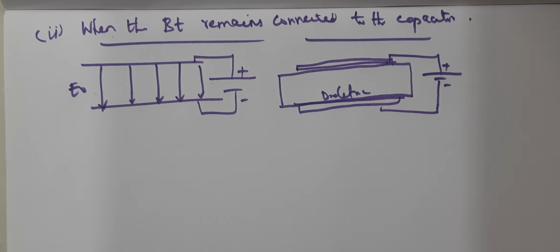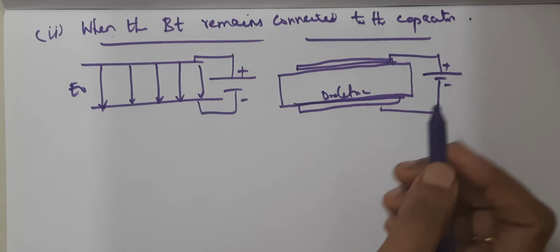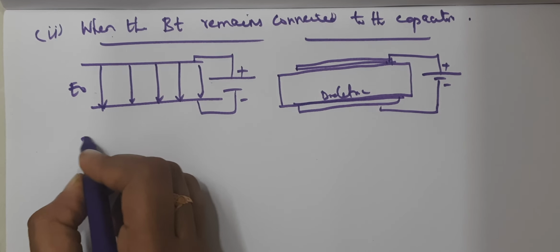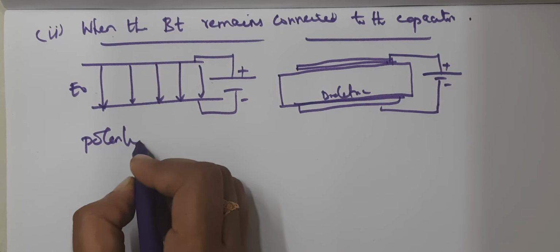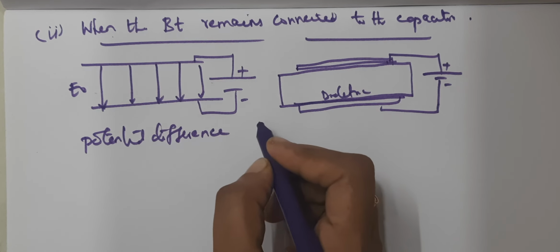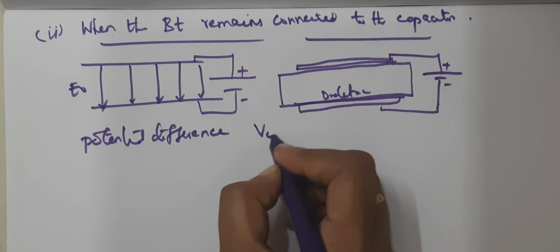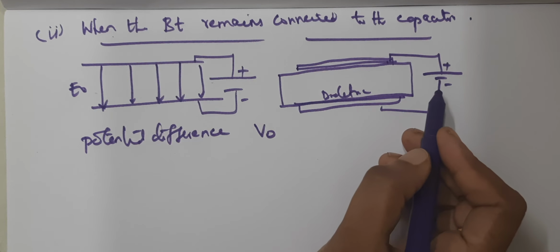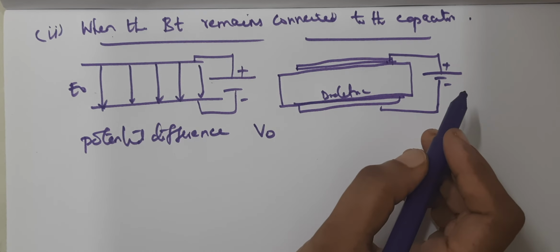What will happen? When the battery remains connected, the potential difference remains the same, isn't it? The potential difference is V0, kept connected, the same voltage.